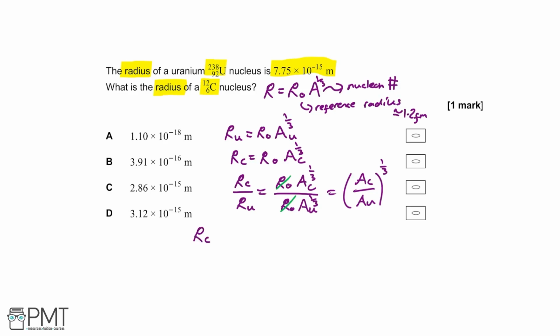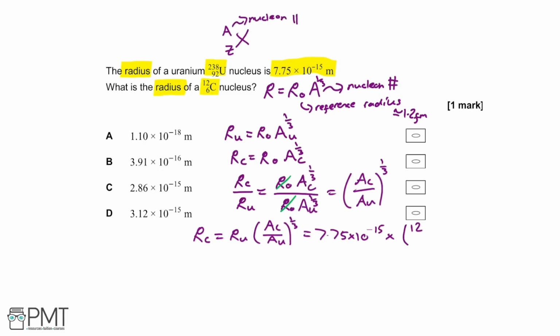Then we multiply both sides by Ru, which has been given to us in this question, giving us Rc is equal to Ru multiplied by Ac divided by Au to the power of a third. So putting those numbers in, we get 7.75 times 10 to the minus 15 multiplied by 12, remembering that for any element, the nucleon number is the one at the top, like so.